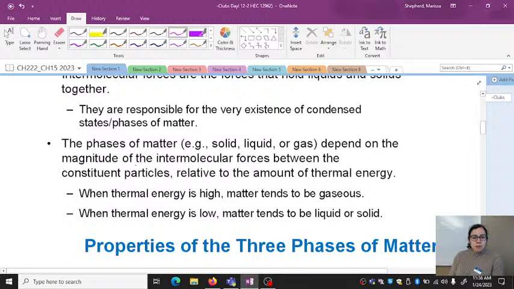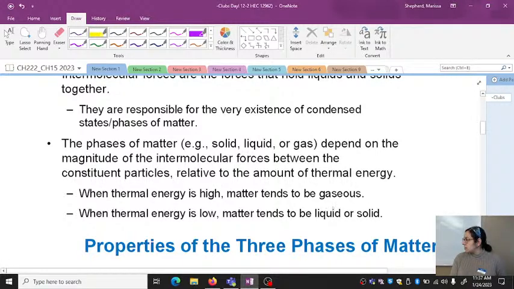That means our phases, whether a compound is going to be a solid, liquid, or gas, depend on the magnitude of these intermolecular forces between the particles relative to the amount of thermal energy. Increased thermal energy gives us more kinetic energy with our gases. They start to move faster, and that can start to disrupt intermolecular forces.